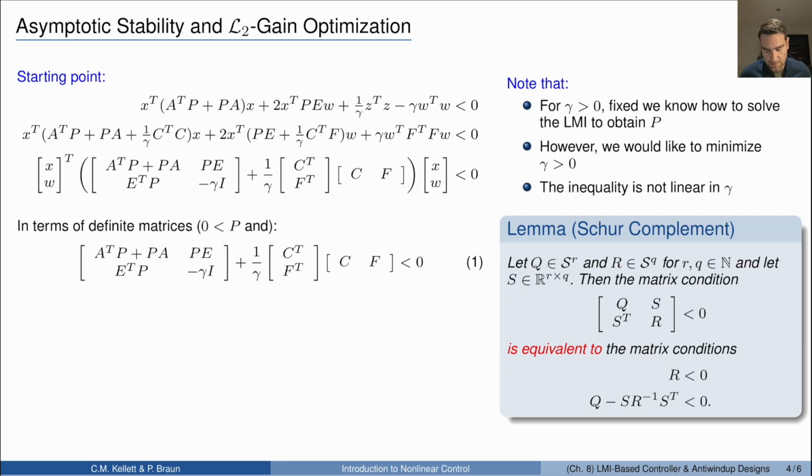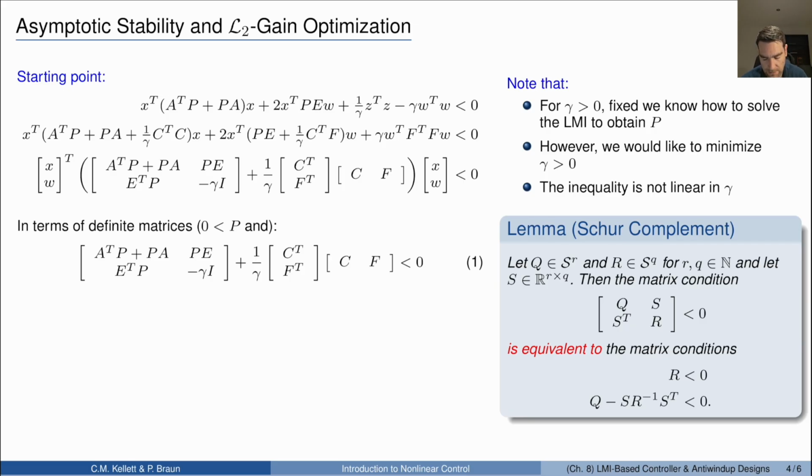So what is the Schur complement mentioned on this page? The Schur complement gives me an equivalent representation of matrix inequalities. If I have this matrix consisting of Q, S, and R of dimensions such that we can build this bigger matrix, then that being negative definite is equivalent to these two conditions here: R negative definite and this inequality being satisfied. And we can apply this trick.